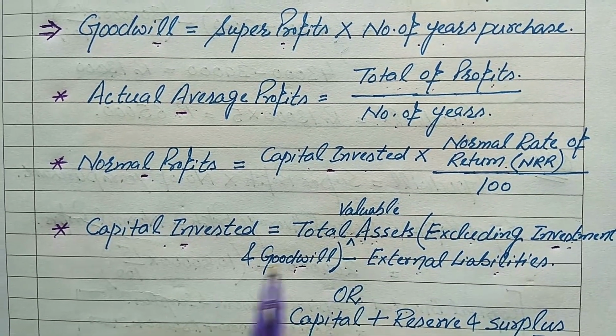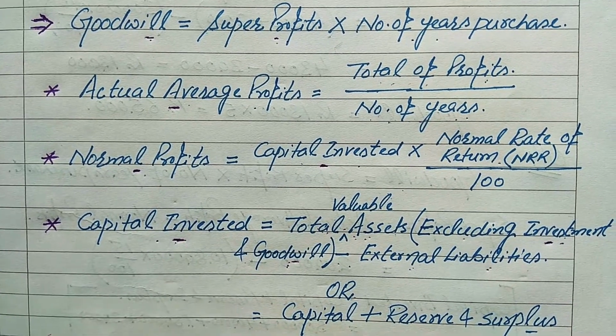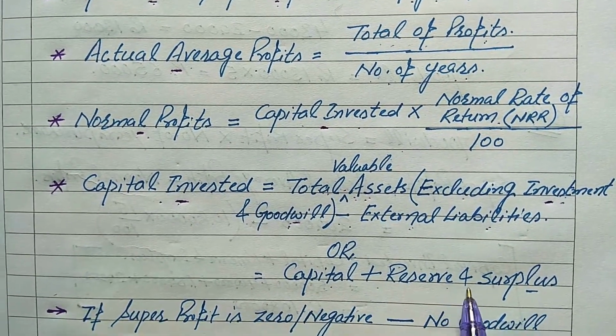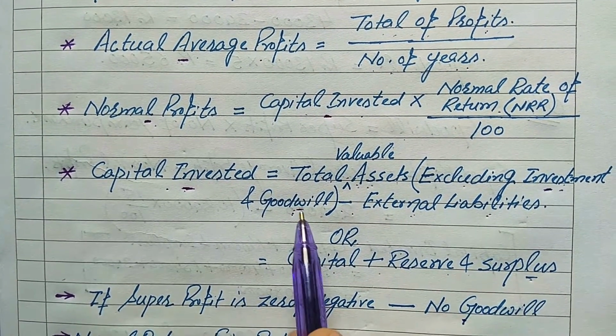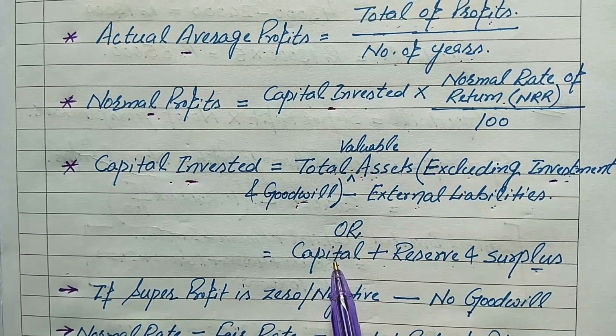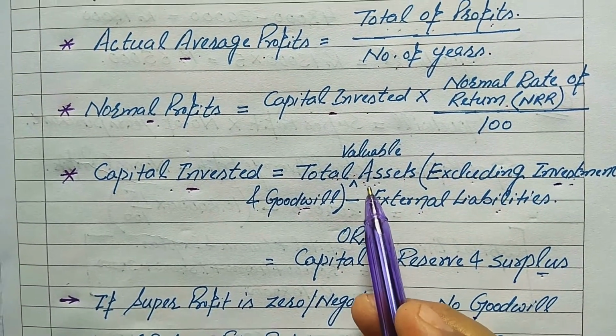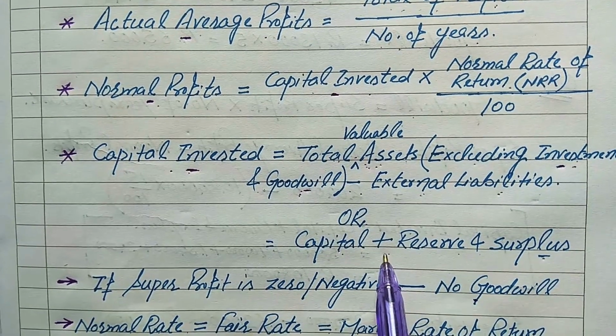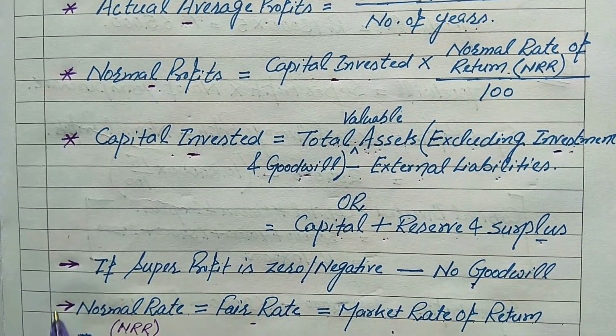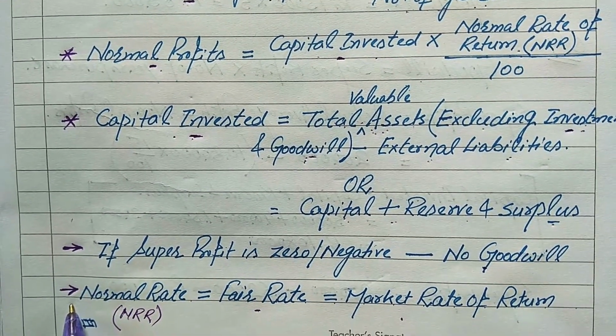Another formula for the calculation of capital invested is capital plus reserve and surplus. It will depend upon the information given in the question; either we will apply this formula or that formula. Now there are 2 points to take into consideration.